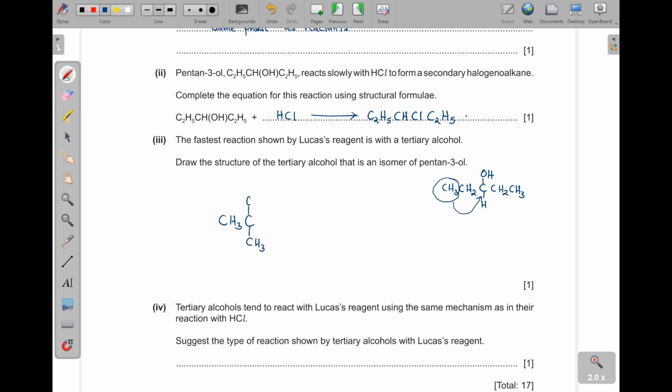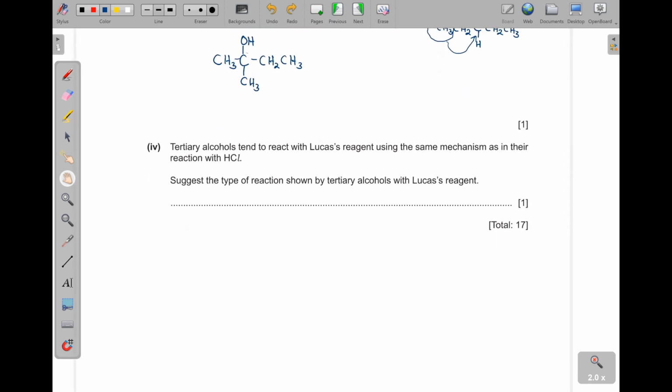Then there is an OH here, and then here we shall have a CH2, CH3. So we are having this alkyl group, the ethyl, then the methyl, and then the methyl. So those are 3 alkyl groups which are on this carbon atom that has gotten this OH bond. That has gotten that functional group. So it is a tertiary alcohol.